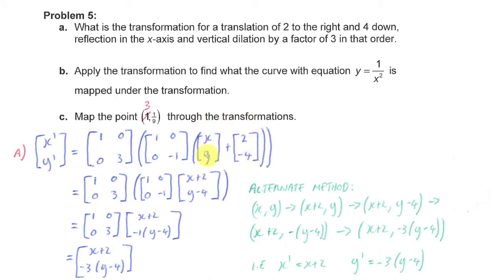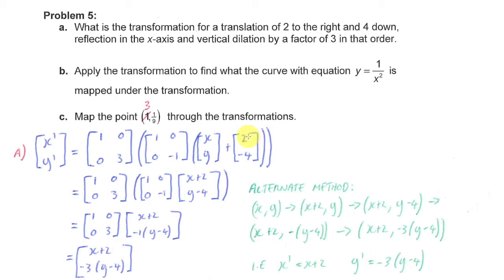There's my original xy, and then I'm adding to it the translation matrix. So 2 to the right, so positive 2 for x, and 4 down, so negative 4. Okay? So the result of this inside this bracket will be the x prime, y prime, the result after the first step of the transformations, that is applying the translation, what I'm highlighting here in yellow. We'll get that.